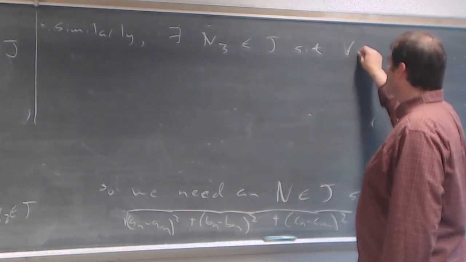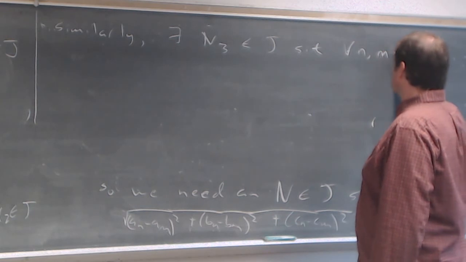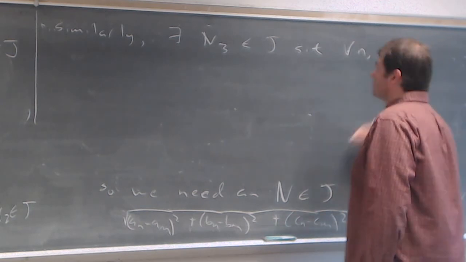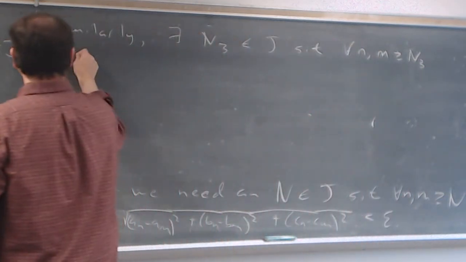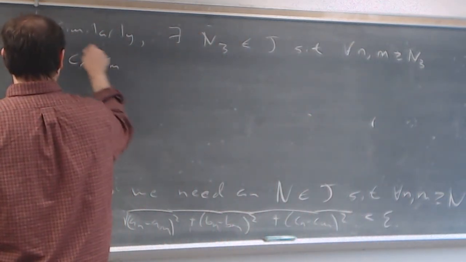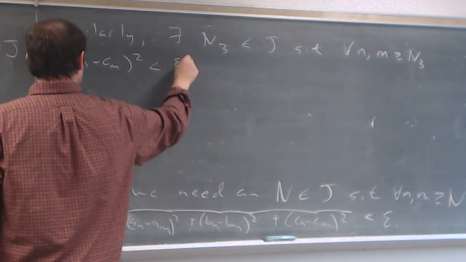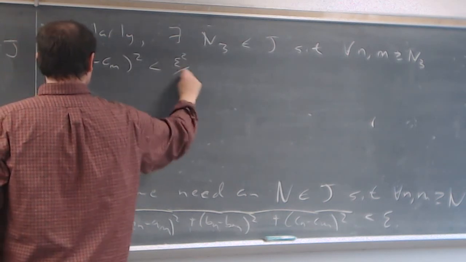For all n and m greater than or equal to N sub 3, what can I write? Less than epsilon squared over 3.